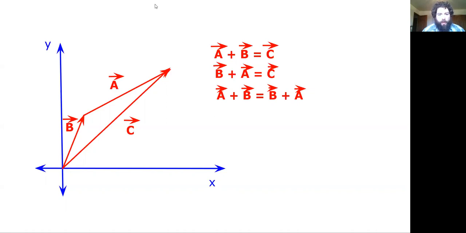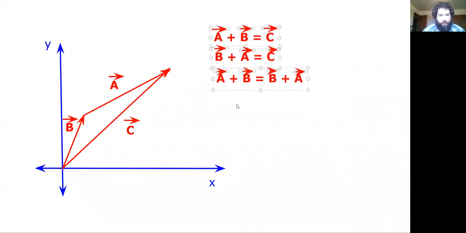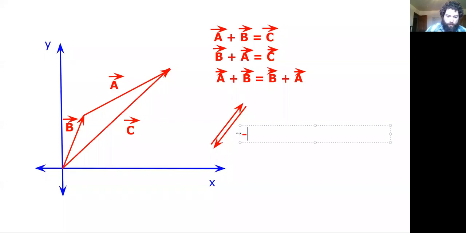One other property that we have is we can take a vector like B, and I'll draw B again. You can imagine it's still on the same plane and coordinate axis. So there's B, and if we draw a vector like that, it's going to take us back to the same spot. And we're going to call that negative B. This is negative B. And this is B. And obviously we can do that for A too.